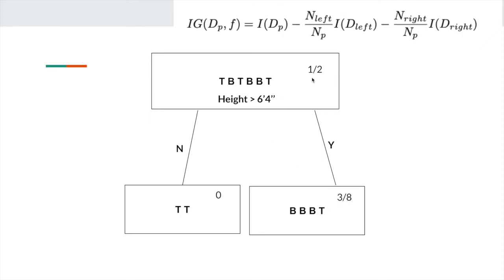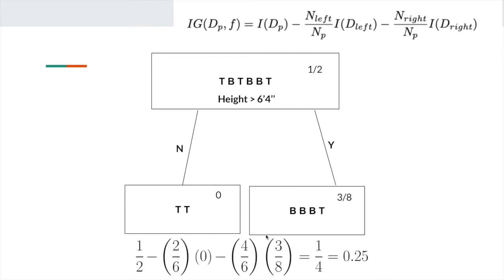So this again was 1/2. This is actually 0. It's perfectly pure. And this is 3/8. And so now we can just follow this formula again, and then plug everything in, so go ahead and do that. And so the information gain here was actually 0.25.